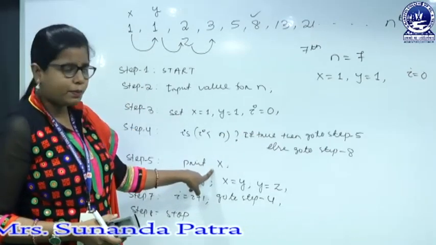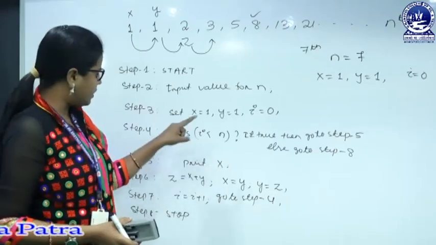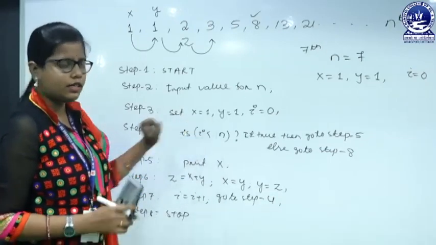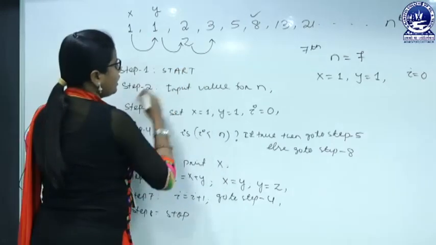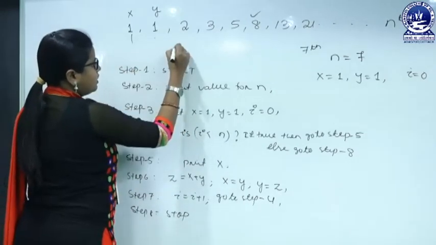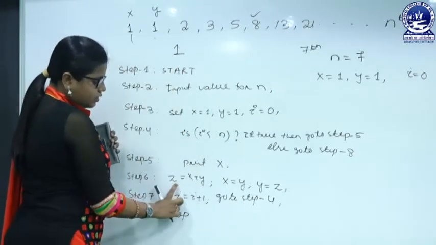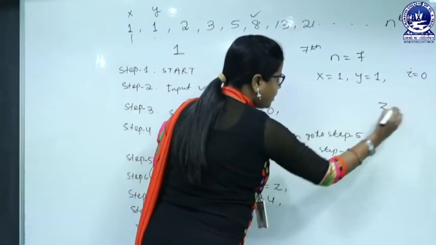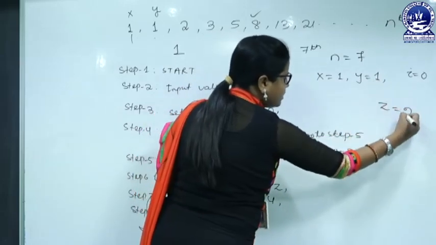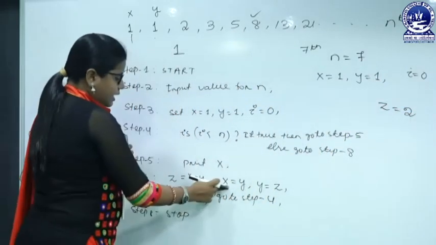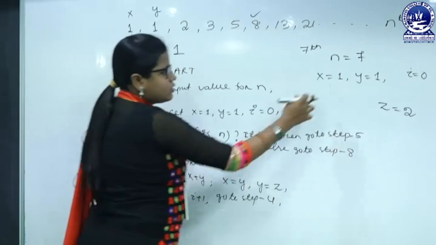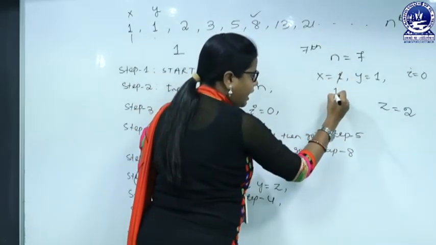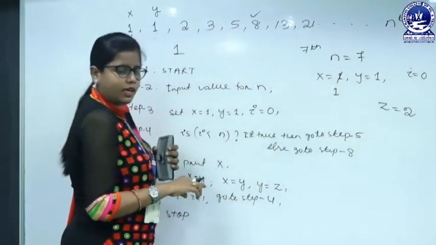So what will be printed? The x value will get printed. So what is the x value? That is 1. So here 1 will get printed. Next, the z value is x plus y, that is 1 plus 1, that is 2. Then x equals y, so the y value will move to x.